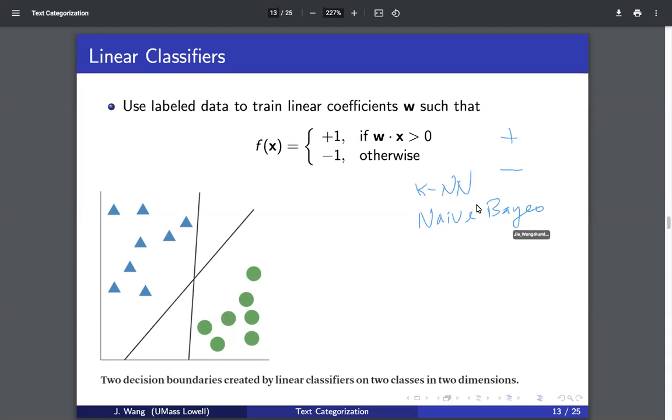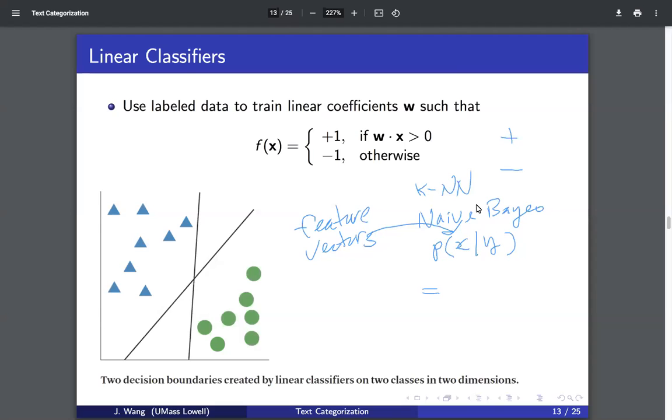Naive Bayes tries to compute the probability of a label Y given an unseen document X. We are going to look at features, so X is a feature vector, x1 up to xk.